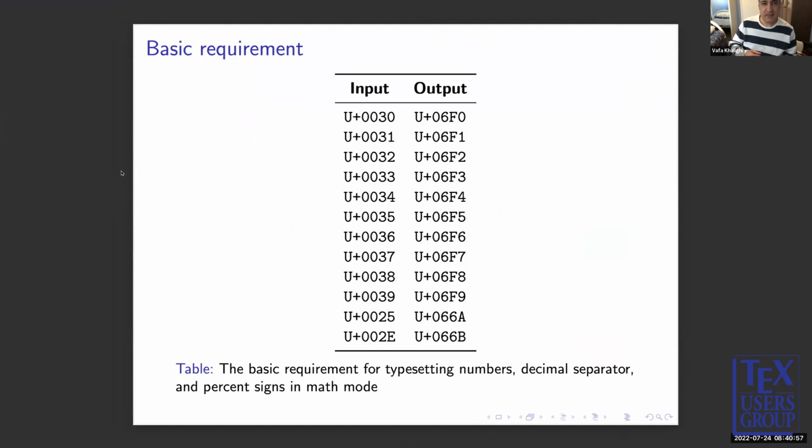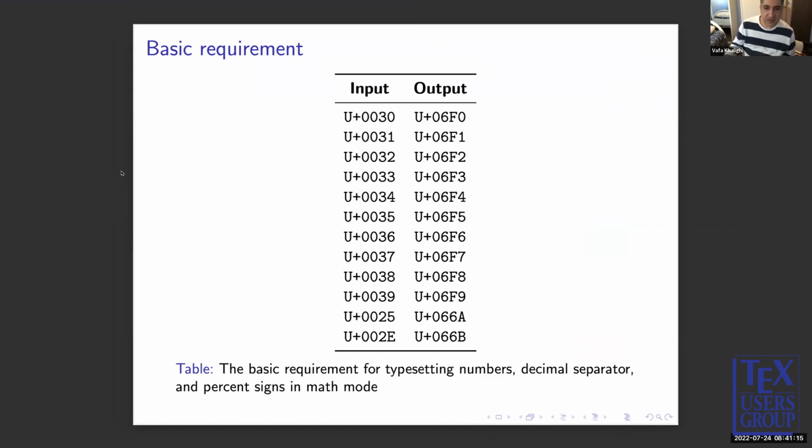Okay, so what are the basic requirements for typesetting mathematics in Persian? Basically, mathematics in Persian is mainly typeset left to right, like English or other Western languages. So there are a few requirements.